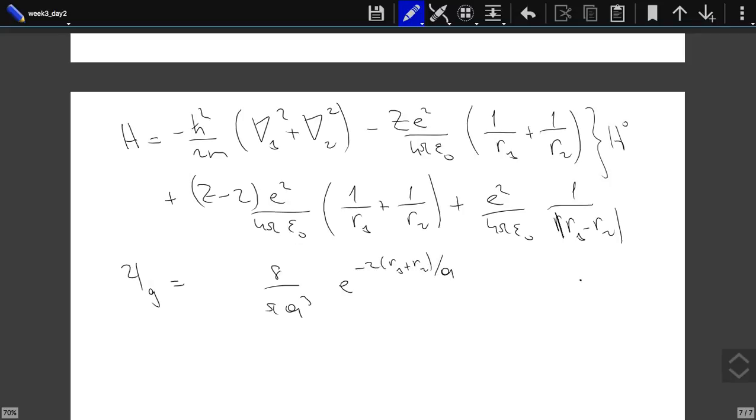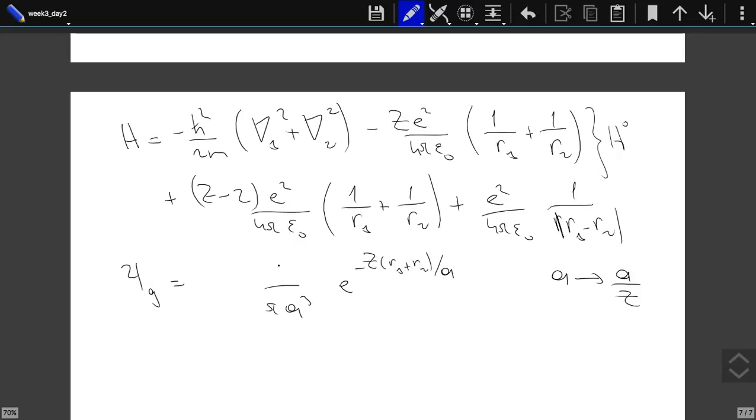And remember, a for a given atom actually should be replaced by a over Z, because a has this 1 over alpha, but alpha, if the nuclei has more charge, is just Z times alpha. That's why here we have a factor of 2, because Z was just 2. Now we have a factor of Z, which is arbitrary.